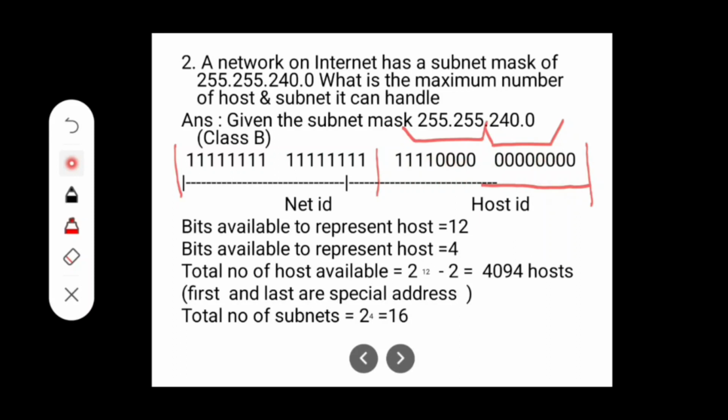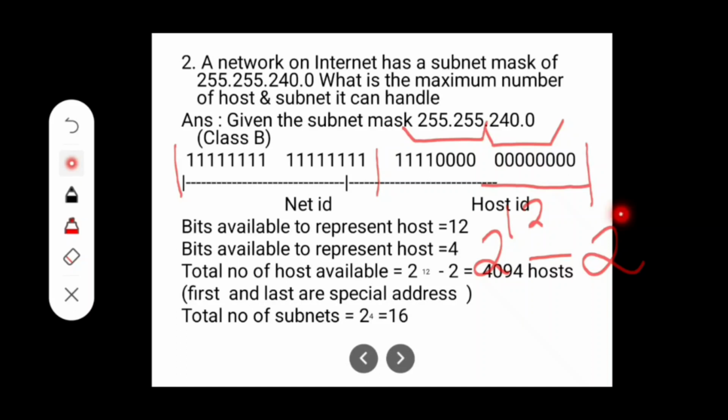So for representing the host we have 12 zeros. The total number of hosts available is 2 raised to 12 minus 2. We subtract 2 because the first address and the last address are reserved for other purposes: one is for broadcast and the other is the subnet address.